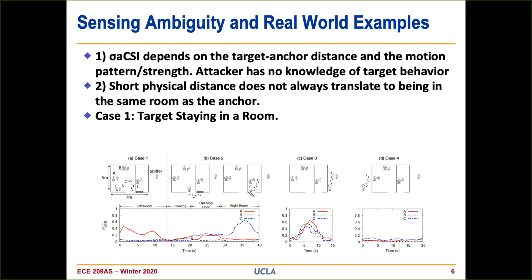In case one, the victim is just walking about the room containing anchor A and anchor B, and on the curve you see that anchor A is definitely being triggered. In the second case, when they move across into the separate room, there's a period where both anchor A and anchor C are getting large bumps because the door was opened. That leads to a possibility where both rooms may falsely be triggered if smarter considerations aren't taken for analyzing this information.